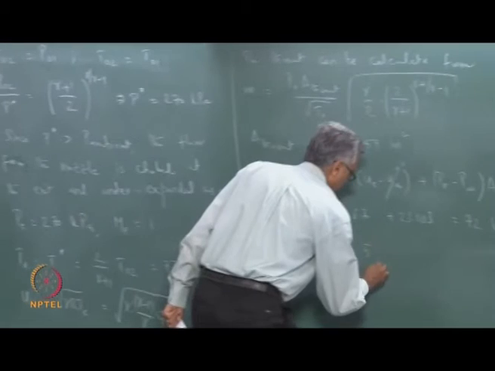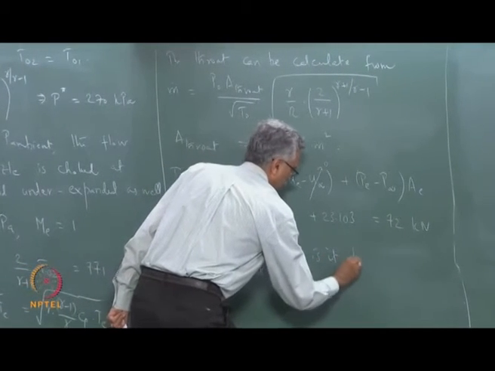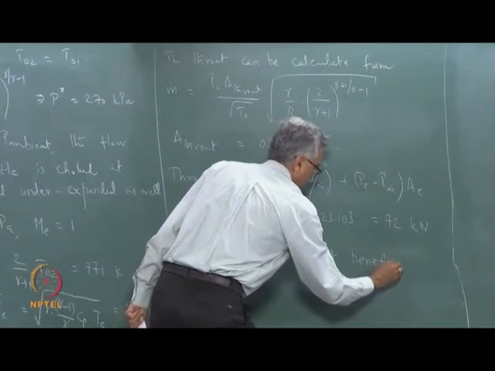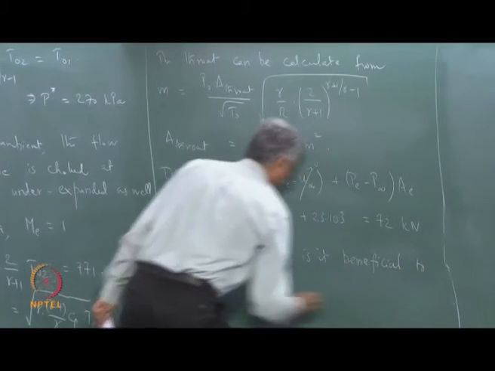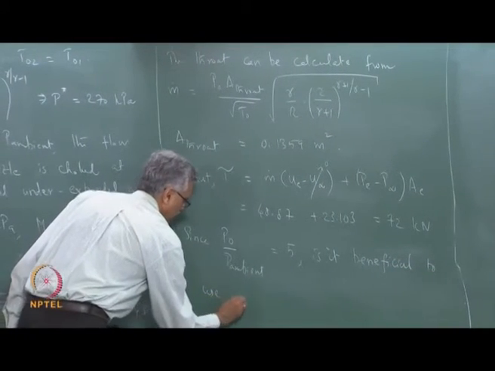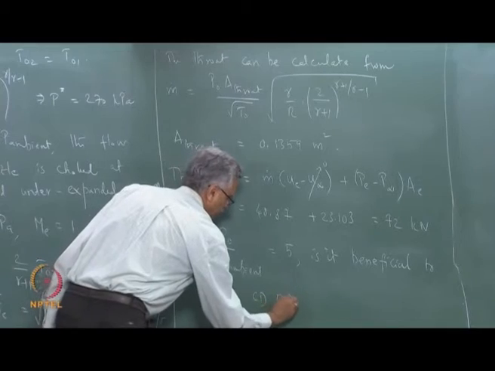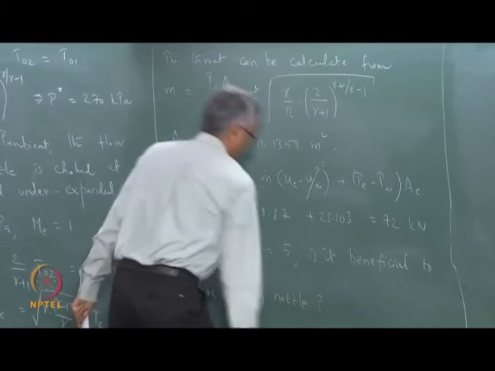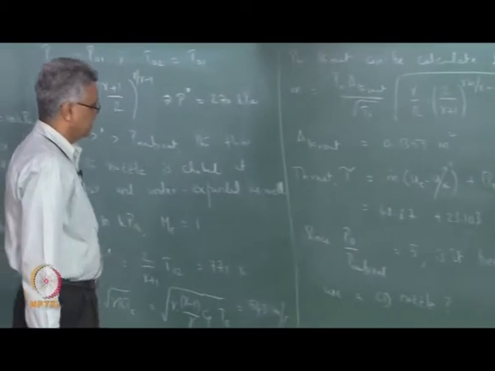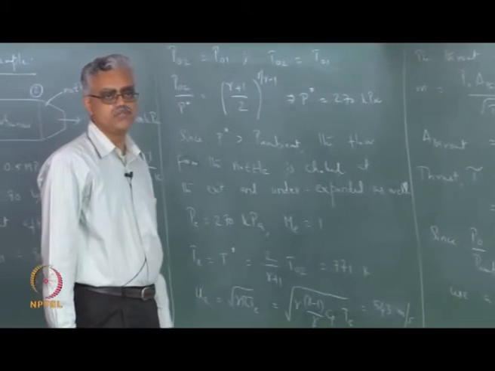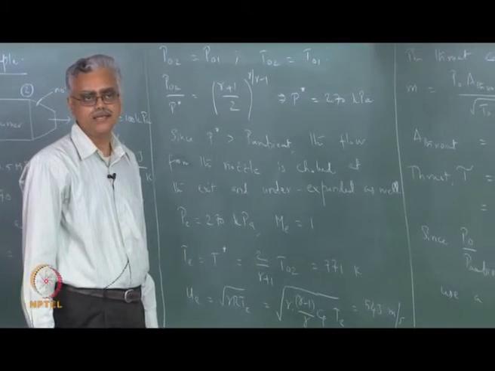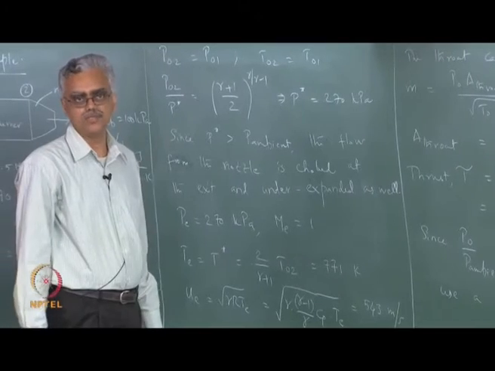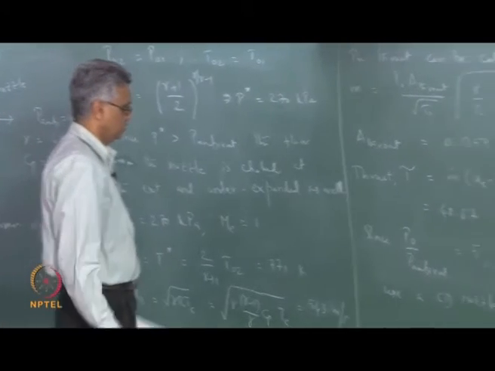Is it better or beneficial to use a convergent divergent nozzle? Earlier we stated that if P0 by P ambient is more than 3 or 4 approximately, it may be better to use a convergent divergent nozzle. Let us see whether that is true or not.